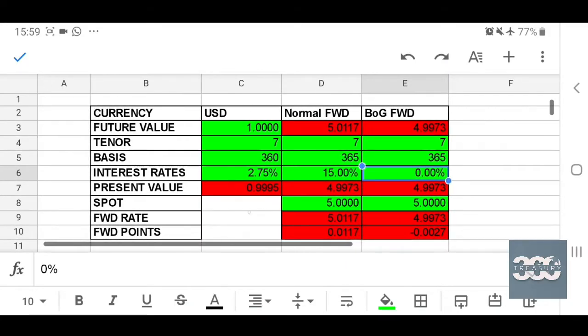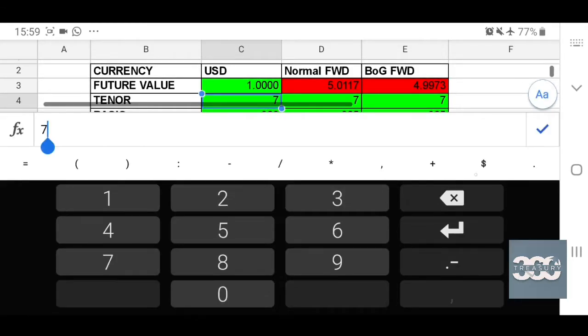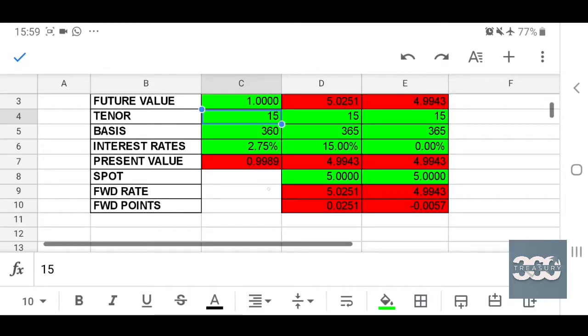Alright, I'll do a quick one with the 15. So if you have this set up this way, all you need to do is to change this to 15. So we do a 15-day forward. For 15 days, we might have to tweak the rate a little.